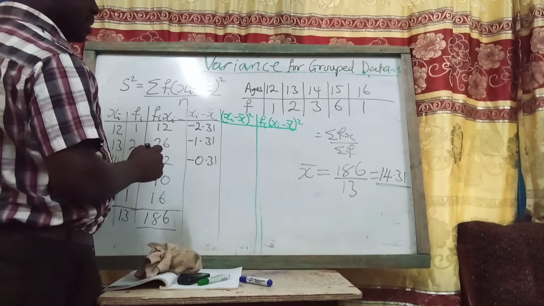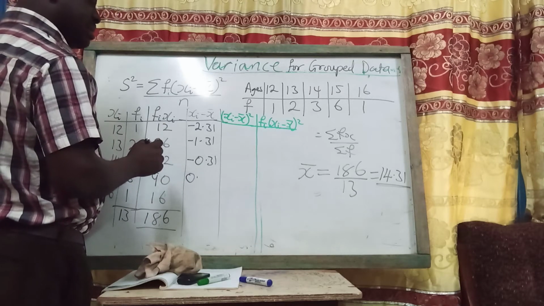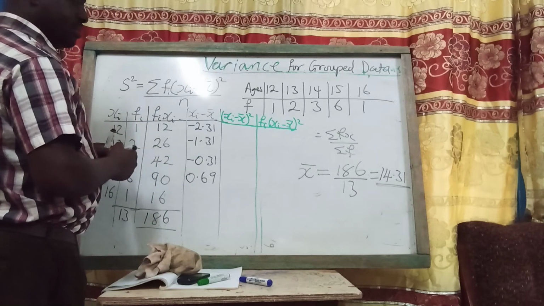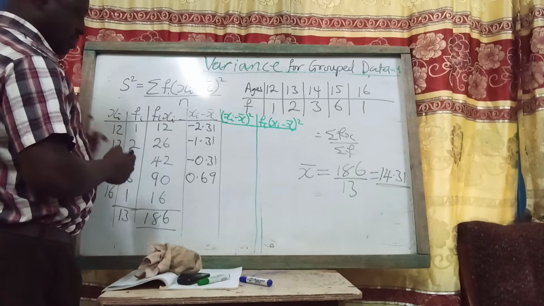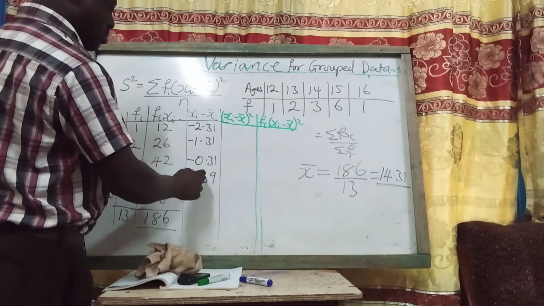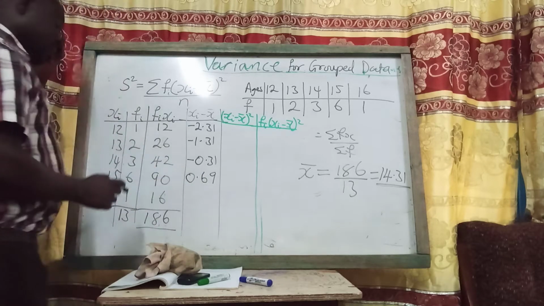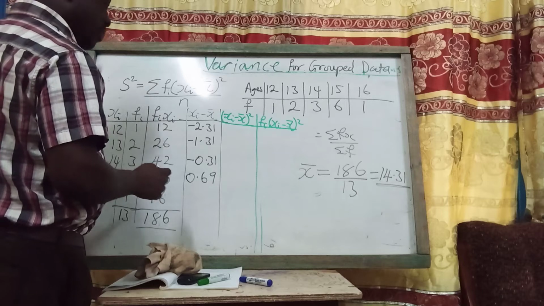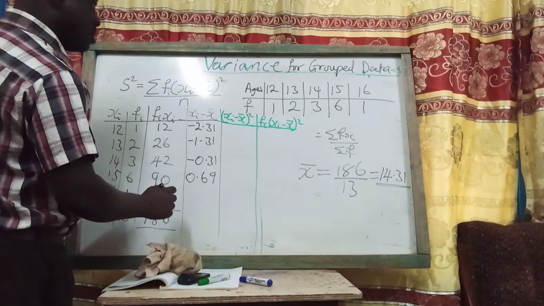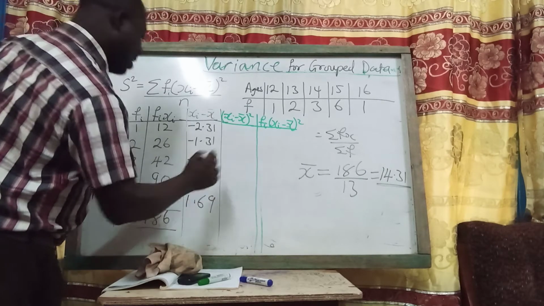We subtract it from 15 and we get 0.69. We subtract it from 16 and we get 1.69.